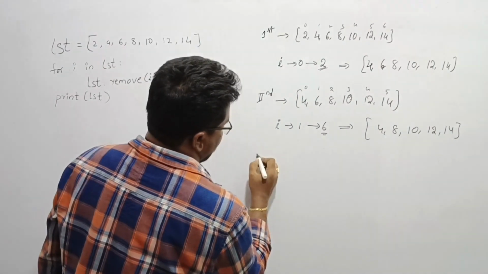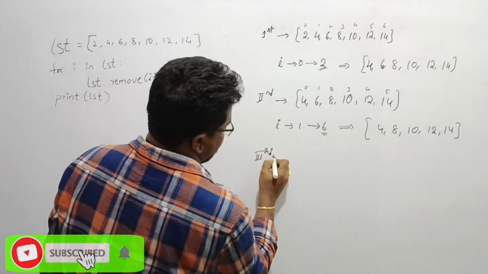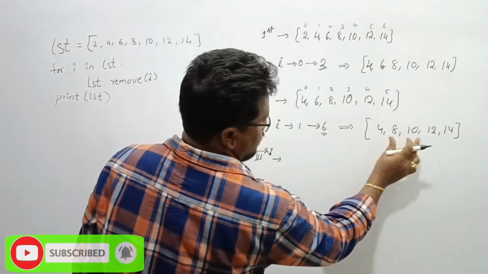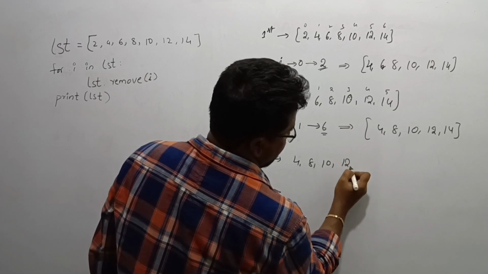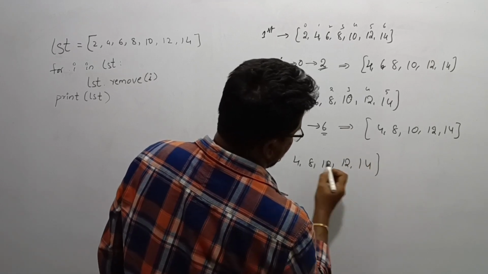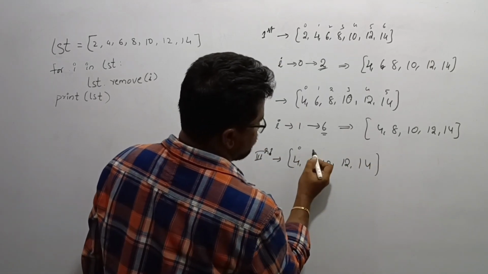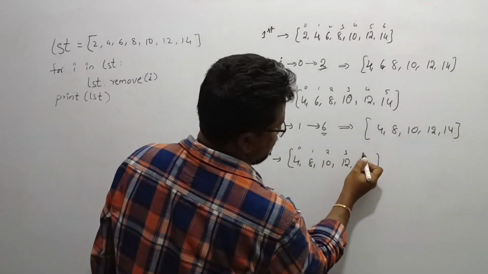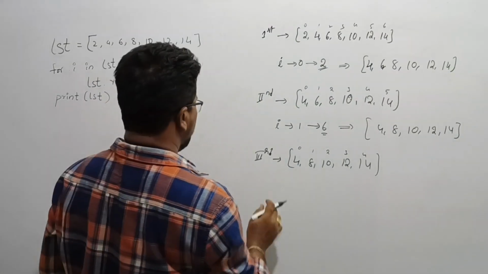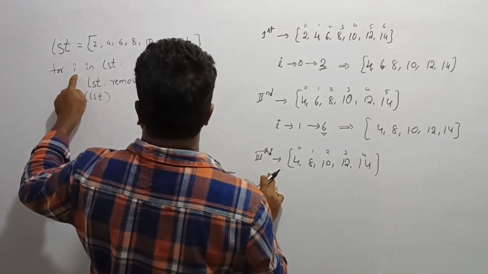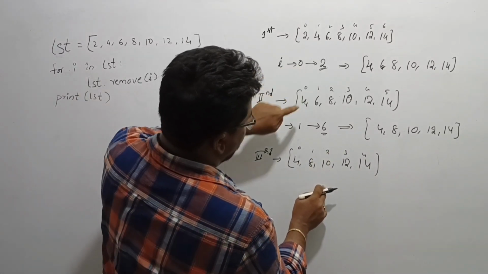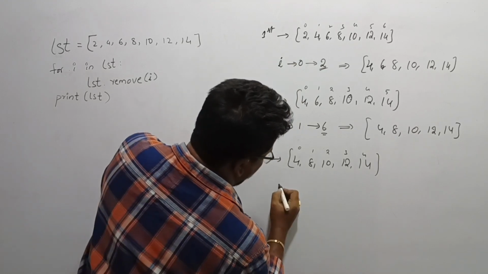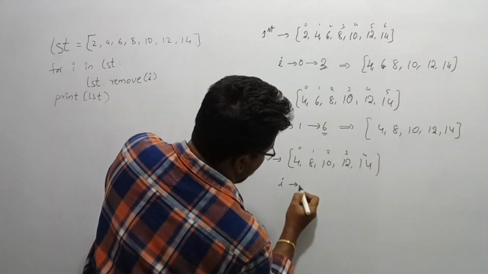Next, for the third iteration, this is the list: 4, 8, 10, 12, 14. Here again the index numbers are 0, 1, 2, 3, 4. In the third iteration, the i value is the index number 2 value.